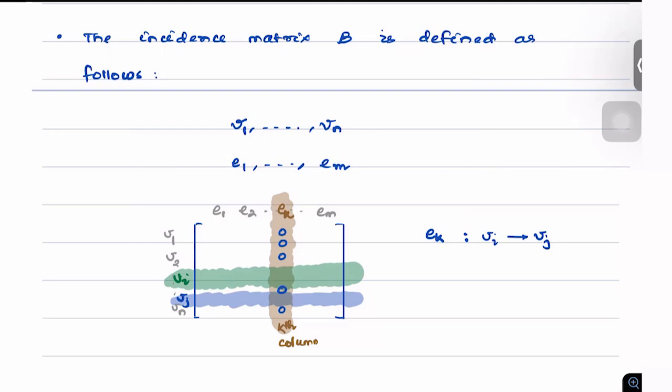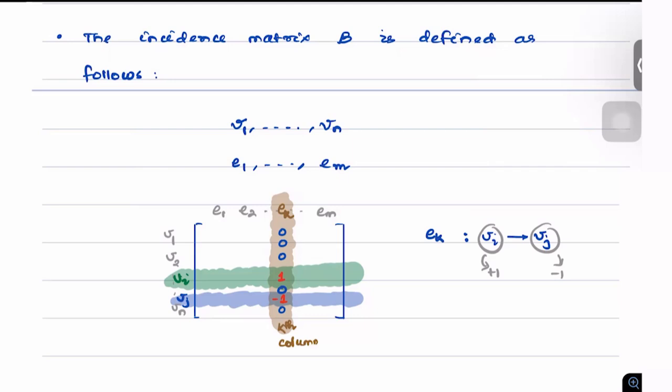And what happens to the entries associated with Vi? This entry is always equal to +1, and the entry here is equal to -1. So let's write it. This is equal to +1, and this is given by -1. So this is how we define or construct the kth column of the incidence matrix.